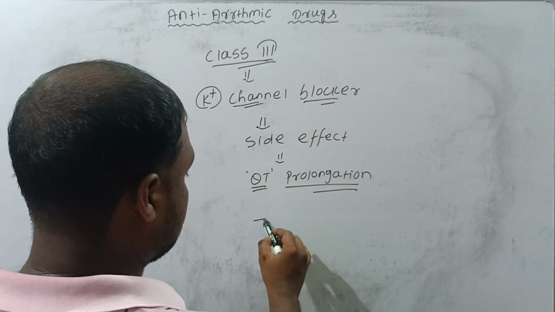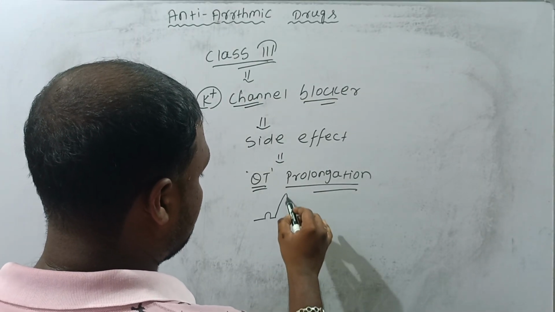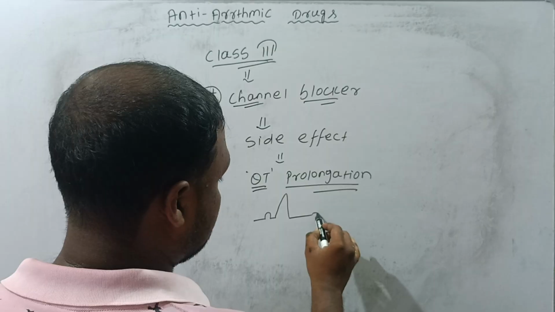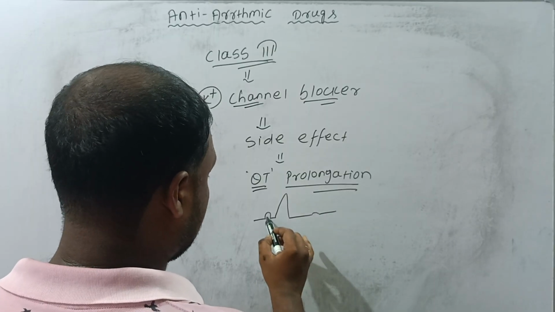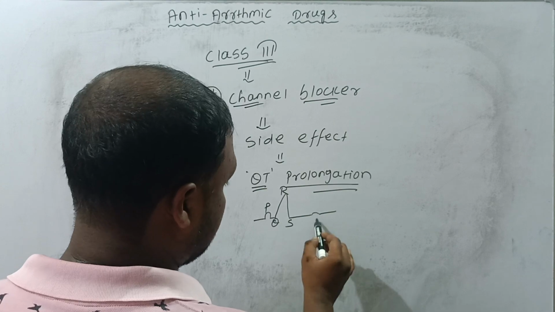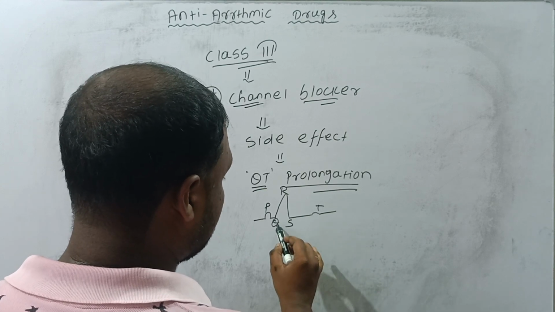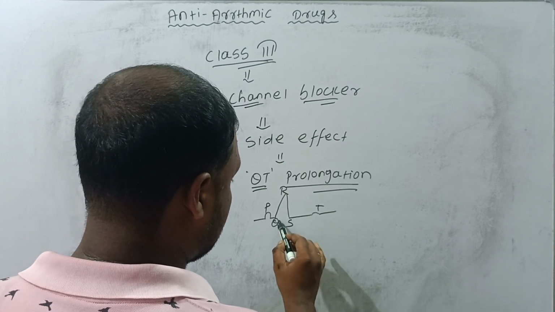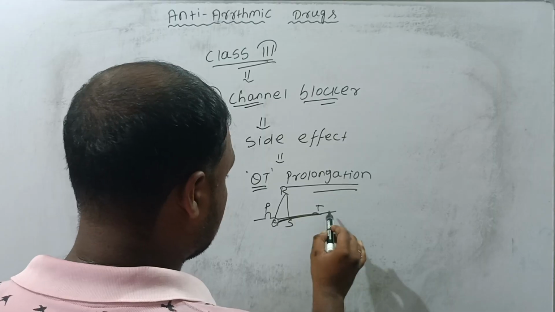Clear? That is the P, the QRS complex, and then the T. The QT prolongation, that is the QT prolongation. Clear?